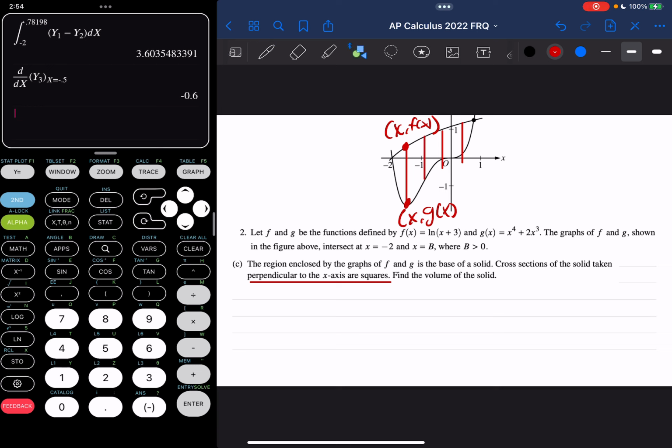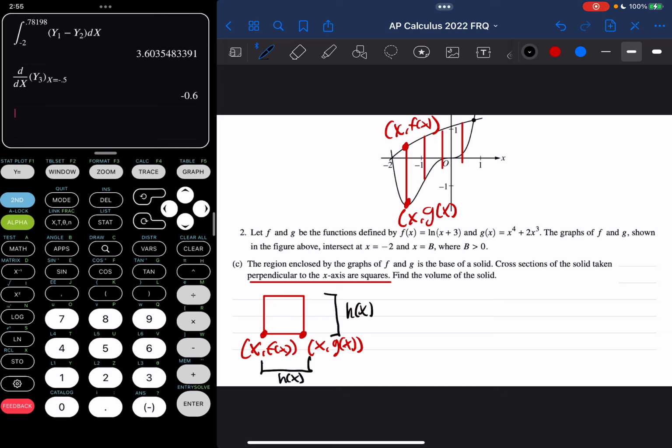So then what I do is I draw a picture of the square over here so we can easily see that we have x comma f of x and then x comma g of x. And so the length of this is f of x minus g of x, or we can just use h of x from the last problem.